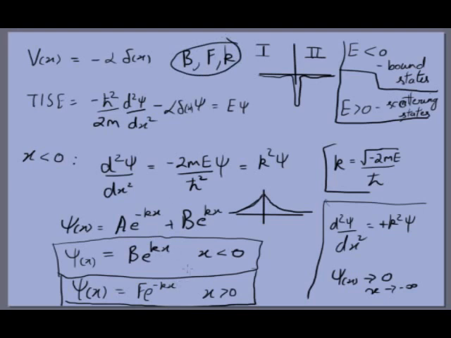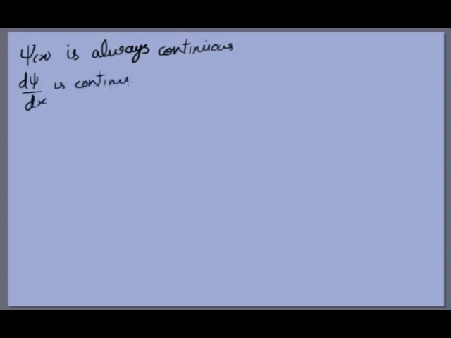So for that, we'll use a property which we've seen earlier, which is that ψ of x is always continuous, and dψ/dx is continuous except where V is infinite.